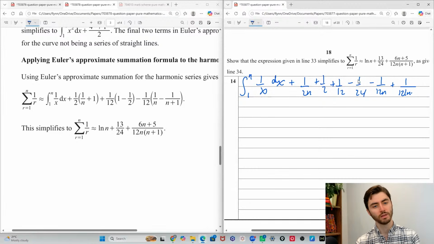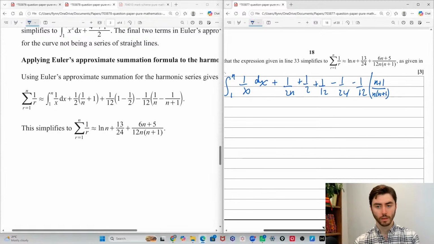In fact, no. In fact, on that one, I'm going to instead use my algebraic fraction skills to combine those into a single fraction. So that becomes n plus 1 all over n plus 1 minus n over n plus 1.